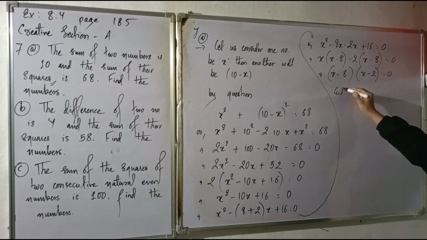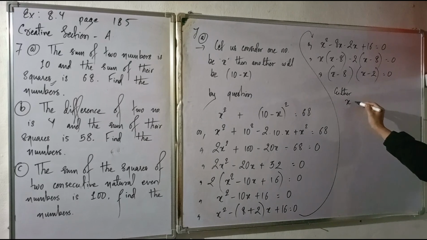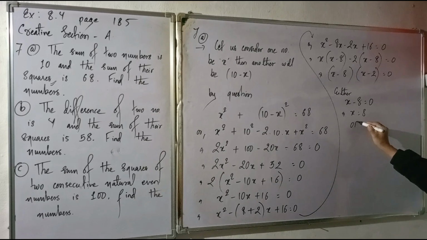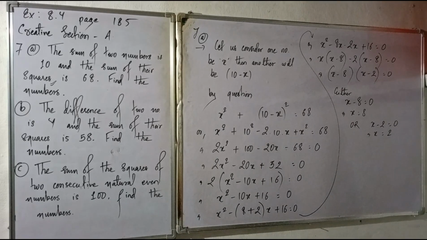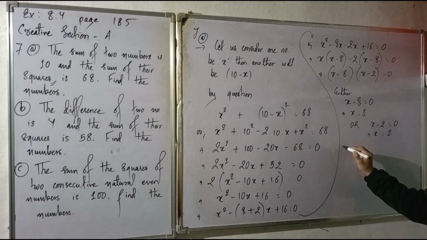Either x minus 8 equals 0, so x equals 8, or x minus 2 equals 0, so x equals 2. So there are two values for x, one is 8 and another is 2.